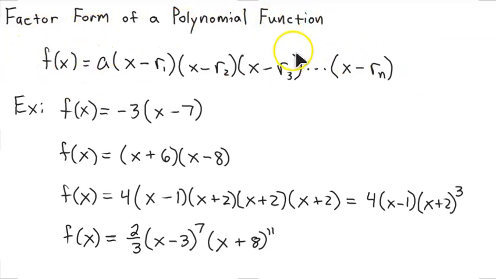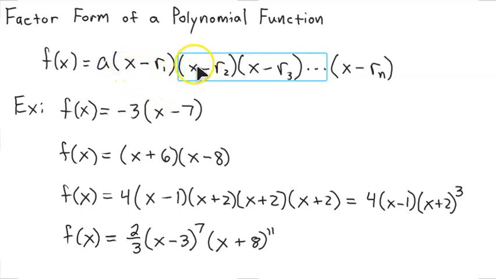Again, here's a general form. It's a little confusing looking, but notice what we have. We'll typically have maybe a number at the beginning, which we'll call a, just like in a quadratic function. And then we'll have an x minus a number times x minus a number times x minus a number, all the way down to x minus another number. And so basically what we do is we break the polynomial into a whole bunch of binomials.